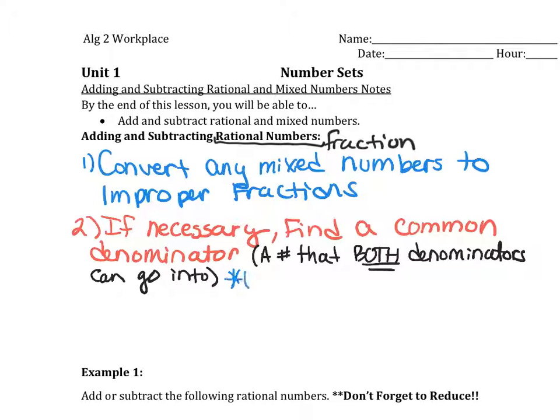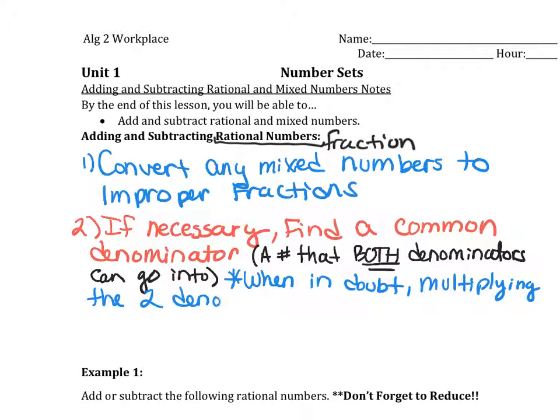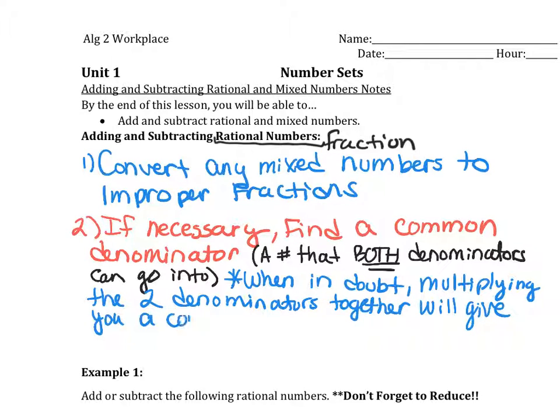So when in doubt, or if you're stuck, multiplying the two denominators together will give you a common denominator.